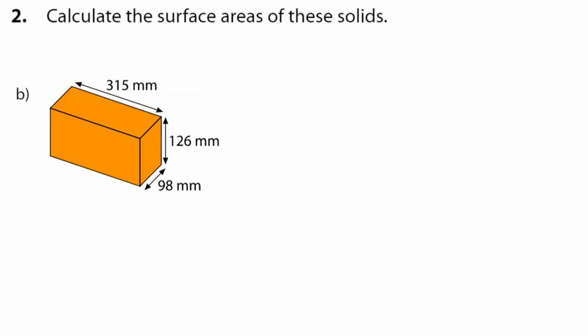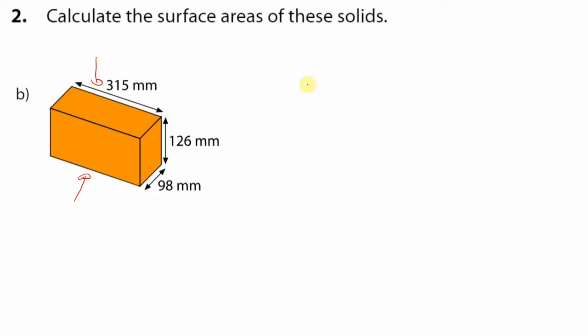So now let's do some calculations. We need to calculate the surface areas of these solids. Okay, so first of all, what solid do we have here? Well, we need to look at the bases at the top and the bottom. So it's rectangles. So this is a rectangular prism.